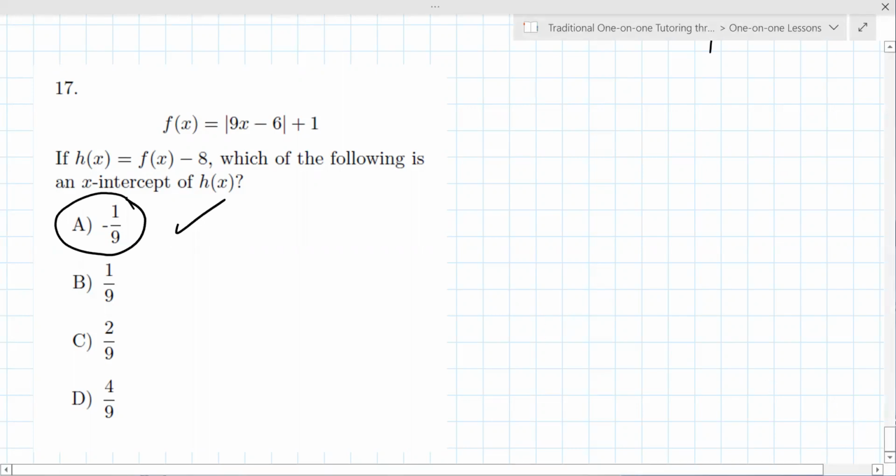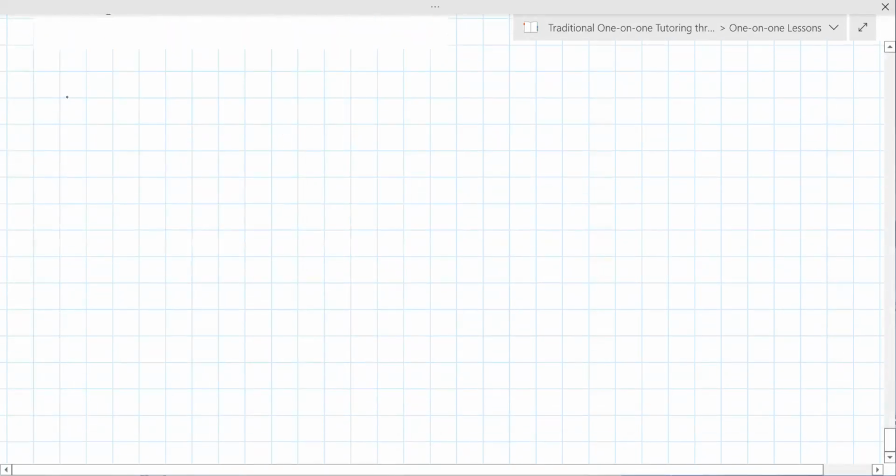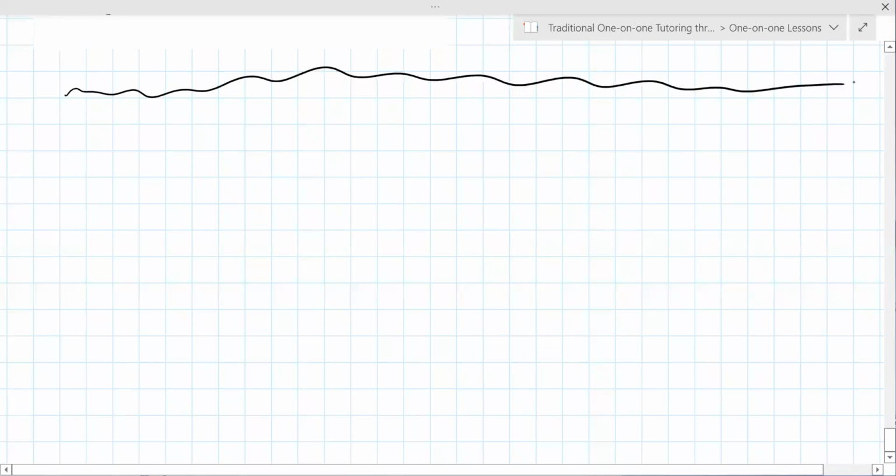So let's talk about the following. Let's say I give you a function. I tell you f of x equals x squared, and then I want you to find f of x plus 2. That means you take whatever your input is and you replace it where there's an x.